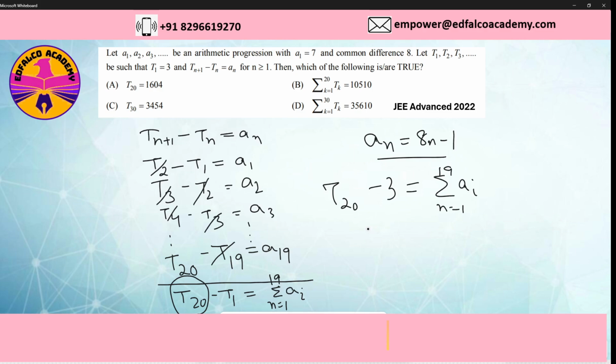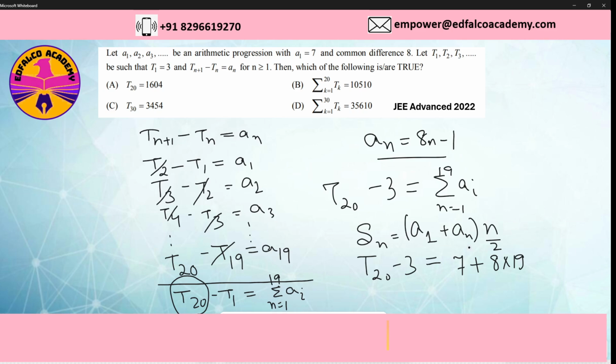Now we can simply use the sum of the terms till n for the arithmetic progression, which is nothing but Sn is equal to the first term plus the nth term into n by 2. This is the simple formula. So now T20 minus 3 will become equal to, यहाँ पर a1 is given as 7, an you can see it will become 8 into 19 minus 1, because we are finding up till 19.